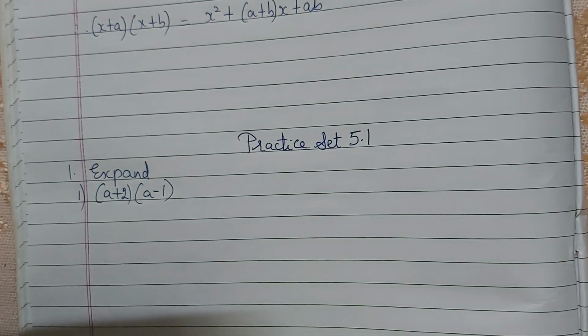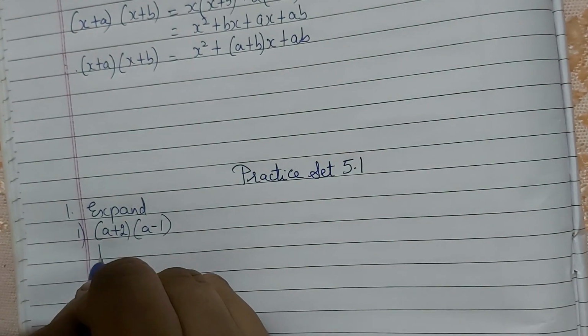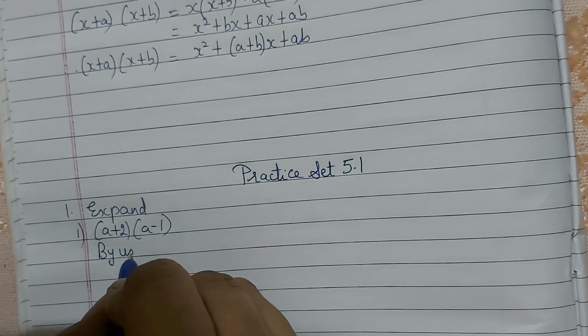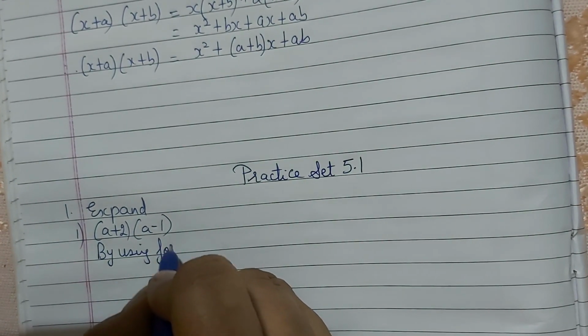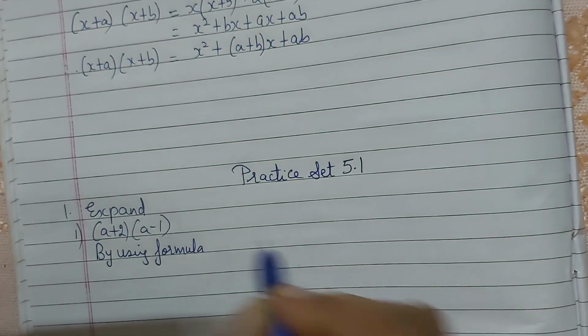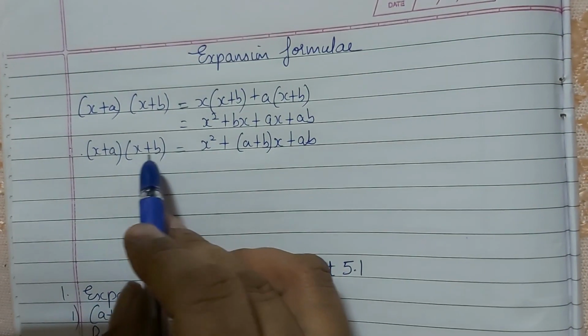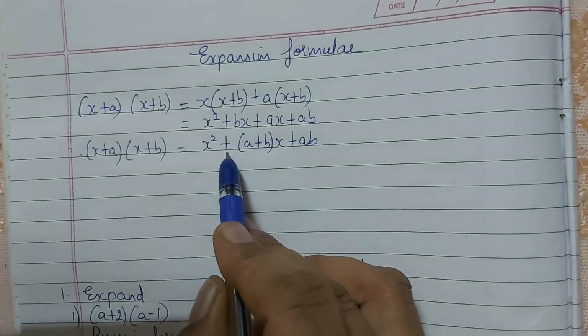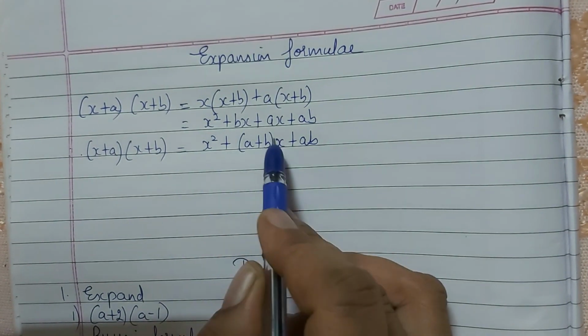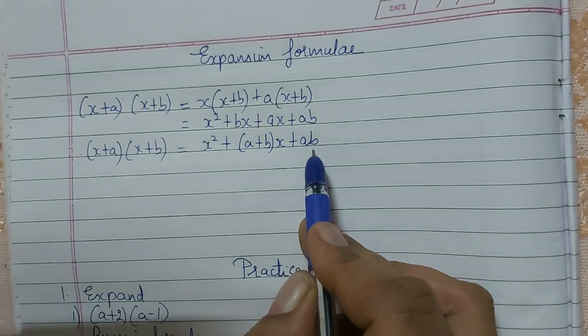So by using the formula, what is our formula? (x + a)(x + b) is equal to x square plus (a + b) in the bracket multiplied by x plus ab.